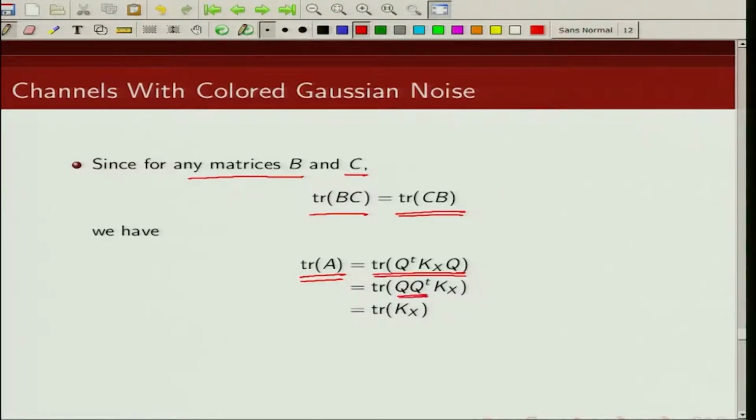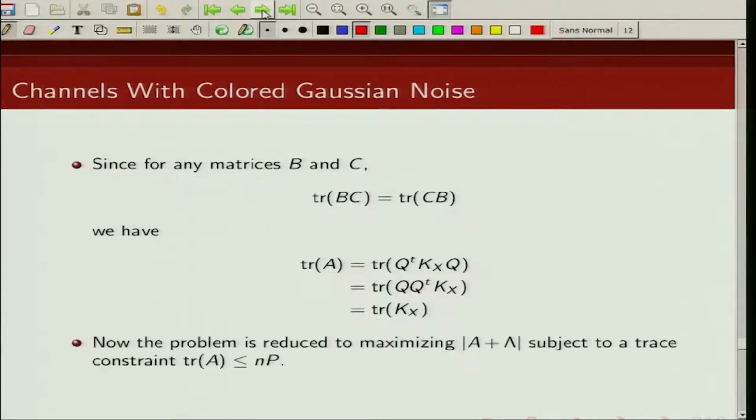Now this is an identity matrix, so trace of A is nothing but trace of this input covariance matrix K of X. So then the problem reduces to maximizing this determinant of A plus lambda subject to this trace constraint, where the trace of A is less than or equal to n times P.